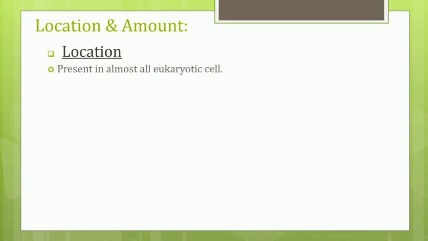Now let us understand where this ER is located and what is the amount of ER present in the cell. So the location. First of all, it is present in all eukaryotic cells. In the first chapter, we have studied the different types of eukaryotic cells like plant cell, animal cell, fungi cell. All of them have the ER present in the cell.